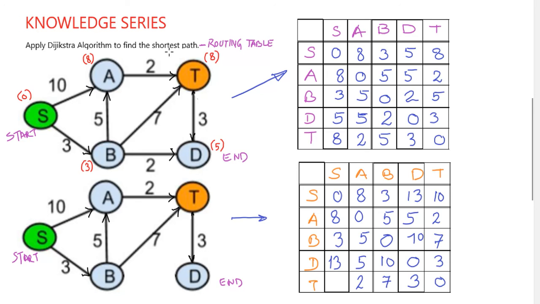T to S, you can see we can go like this: TAS, TBS, TBAS, like that also. Among all these, if you go like this, 2 plus 10, 12. If you go like this, 7 plus 5, 12, plus 10, 22. If you go like this, 7 plus 3, 10. So we find it as 10.